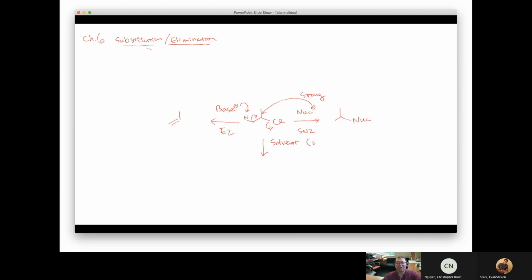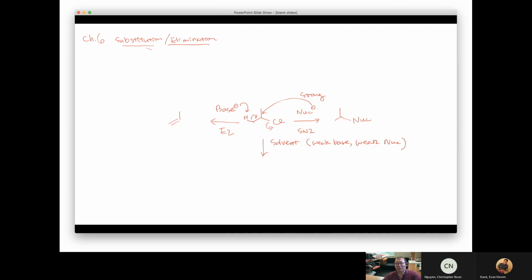This is going to be a weak base, and this is also going to be a weak nucleophile. So SN2 will not happen, E2 will not happen. So most likely nothing happens until the halogen basically takes off.